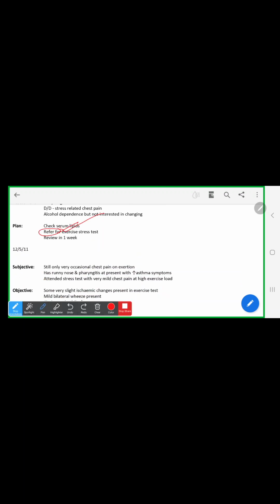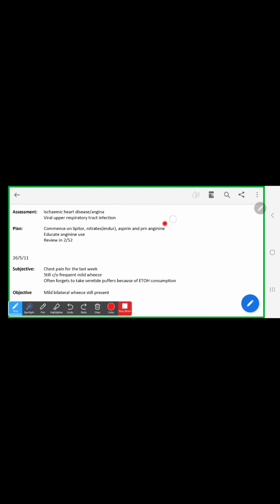We ran some tests, okay, and then we can move on to the next visit. Still, he came to you with worsening of asthma and the same chest pain. Ischemic changes were present on the exercise test. Wheeze was there. Cholesterol was increased mildly. You were suspecting ischemic heart disease. Then you prescribed some medicine and asked the patient to see you again after 2 weeks.